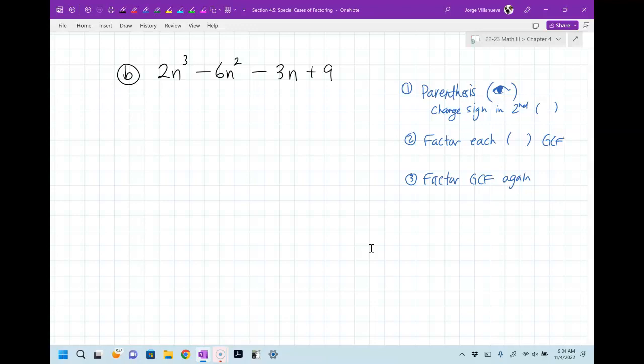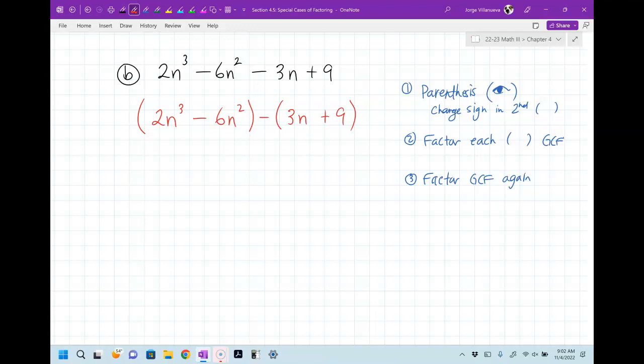All right, so first thing I got to do is introduce my parentheses, right? So let me write 2n cubed minus 6n squared minus 3n plus 9. And I'm going to put parentheses around the first 2 terms and the second 2 terms. But look what it says. Number 1, put your parentheses, change sign in the second one if it's negative, right?